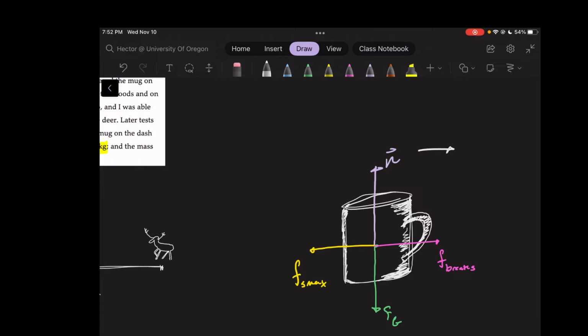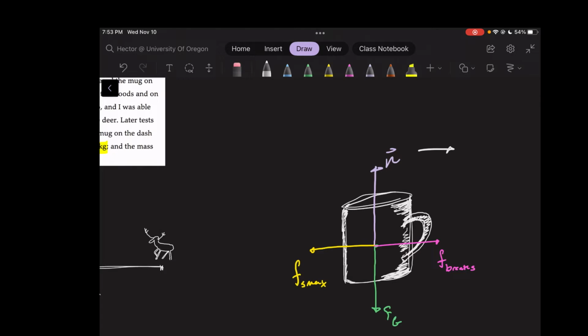Assuming this way is the way the car is moving, the coffee mug is going to want to continue going in that direction, so Fs max is pointed that direction. Also, we have our normal force, our gravitational force, and the force of the brake is the other force acting on this.